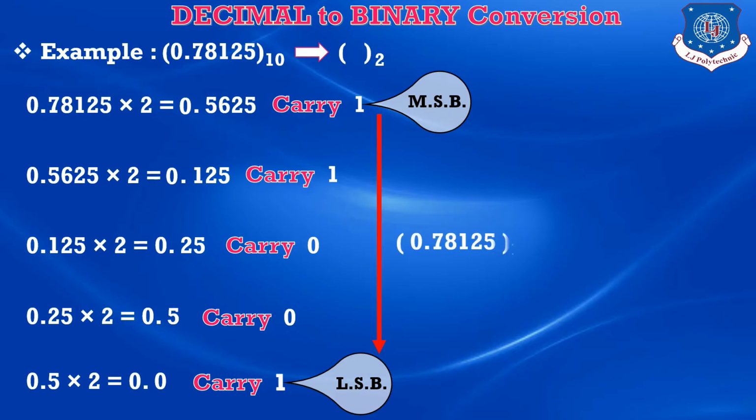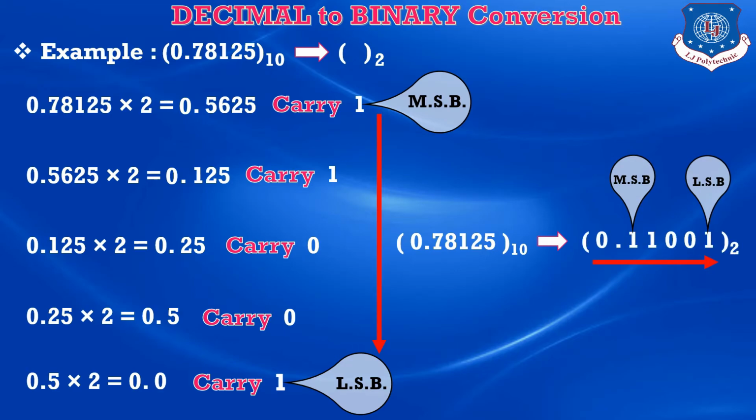As you can see here, in the answer, 0.78125 of the decimal number is converted into 0.11001 of the binary number. Students, please focus on the screen. There are some more examples for your practice.